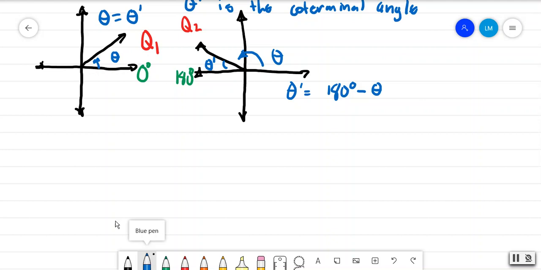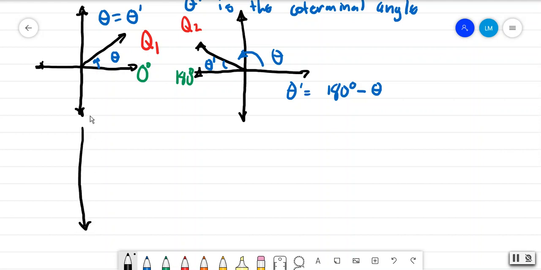So that's the way we can find this reference angle, which means you can technically project it into the first quadrant, because if this was 150, well, 180 minus 150 is 30, meaning that 30 is over here, but it's the same over here too. If you think about projections, it's the same thing.